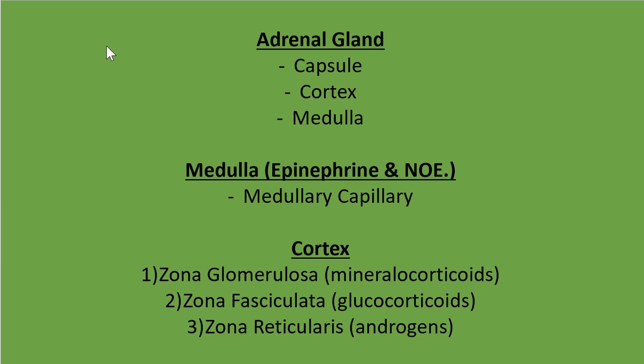Now, in the zona fasciculata, these words, okay, the zona fasciculata, this is where we're going to get glucocorticoids, which is mostly in the form of cortisol. Now, cortisol, which if you're using it as a medicine, is hydrocortisone. This is going to be the main stress hormone.